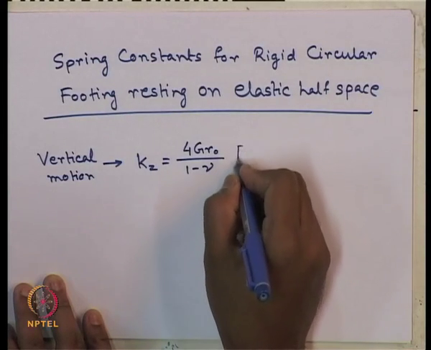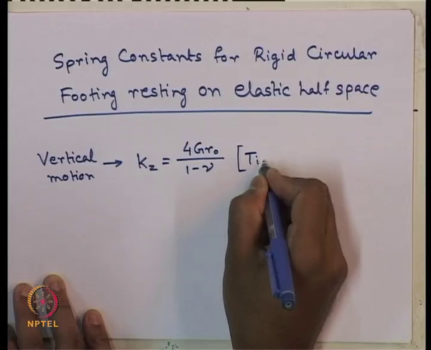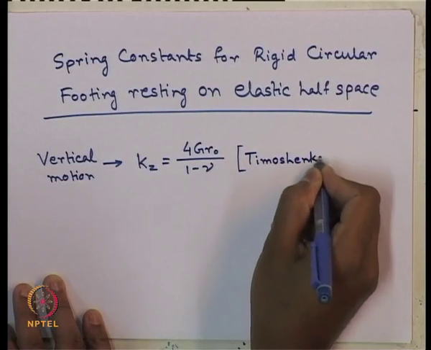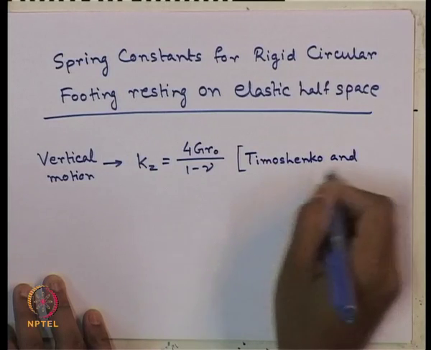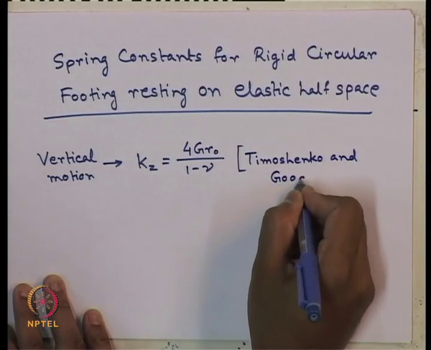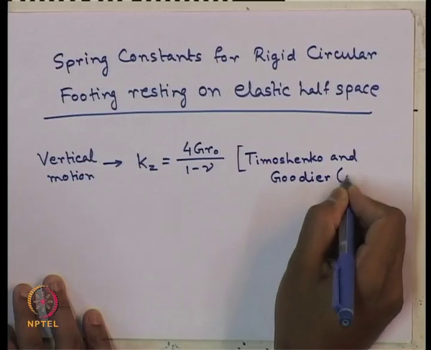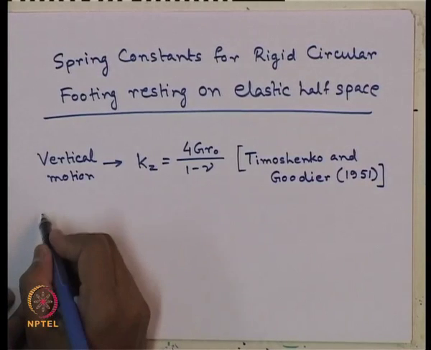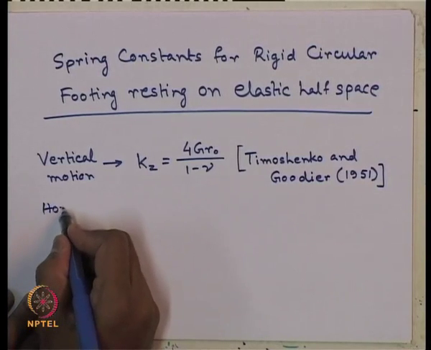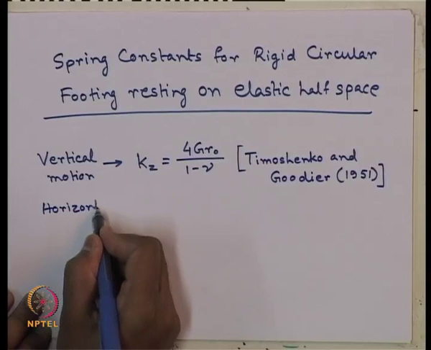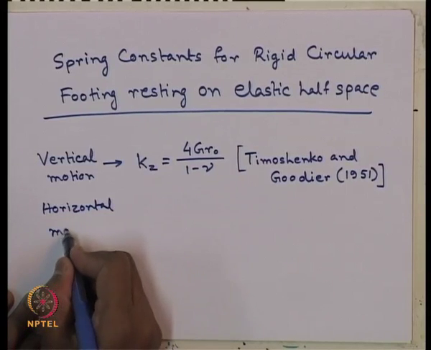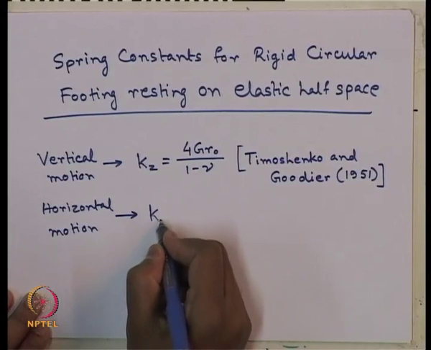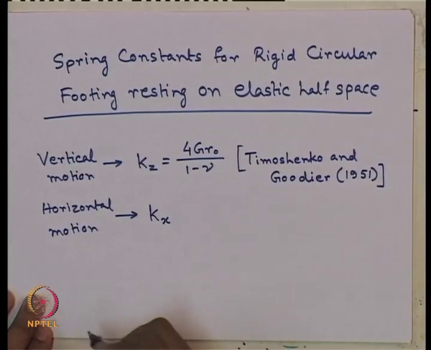Where from it has come? You can see the reference Timoshenko and Goodyear, 1951. For horizontal motion, the symbol is Kx.